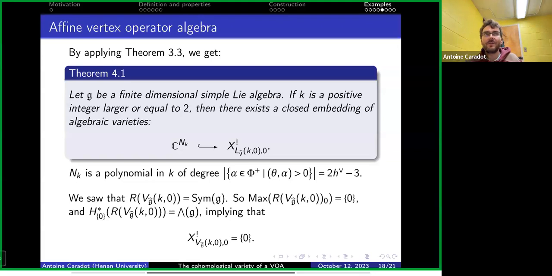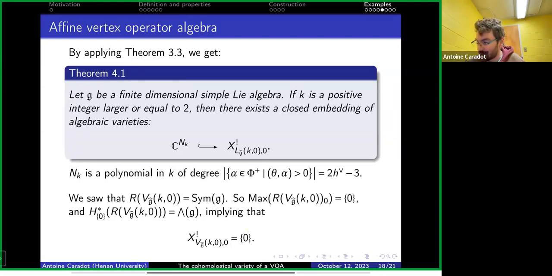So to make the comparison with the universal vertex algebra, we know that the C2 algebra is going to be just the symmetric algebra of G. And so, as mentioned before, this is CFT. So there is no choice for the maximal ideal, just the point 0. And then the Yoneda algebra at the point 0 is going to be exactly the exterior algebra built on G. And so if you want a commutative quotient, because everything is strictly anti-commutative, the only commutative quotient you get is 0.